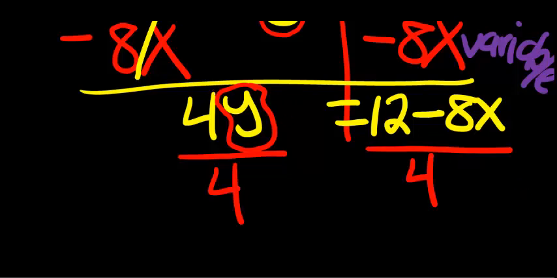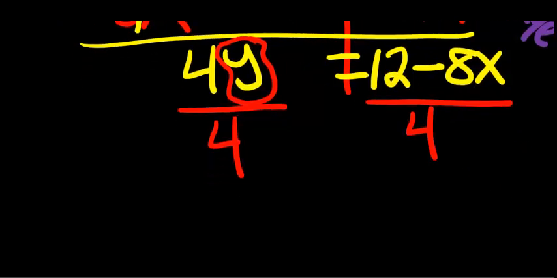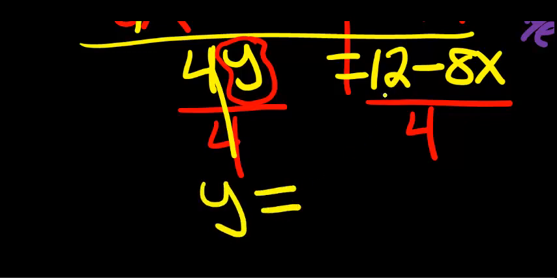I'll see over here on the left-hand side that we have a 4 divided by a 4, and that's going to reduce down to a 1. So that's just going to leave me a y on that left-hand side, and y is going to be equal to, I'm going to divide each term by 4.